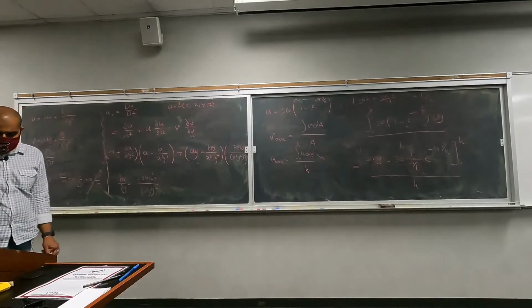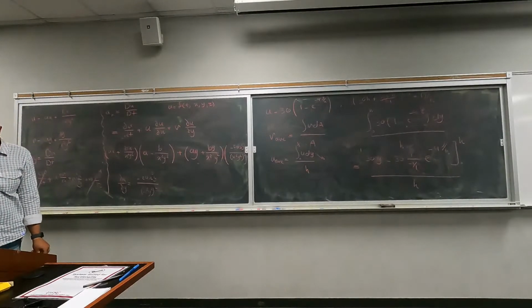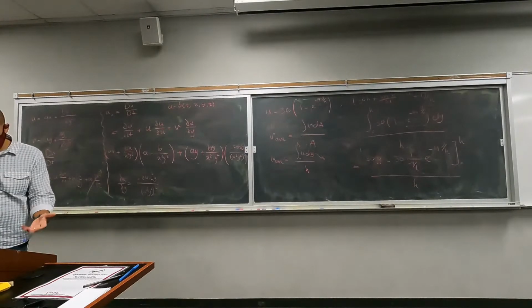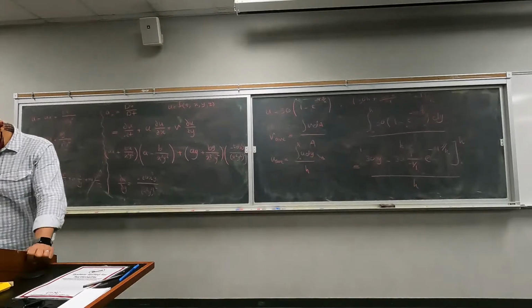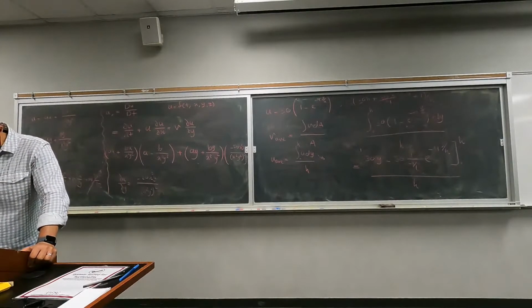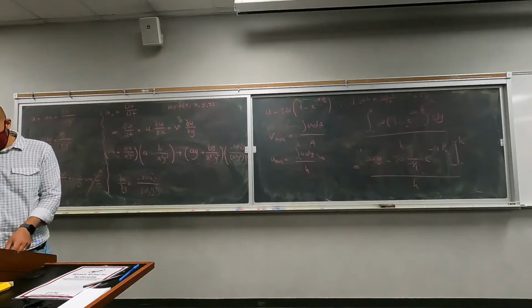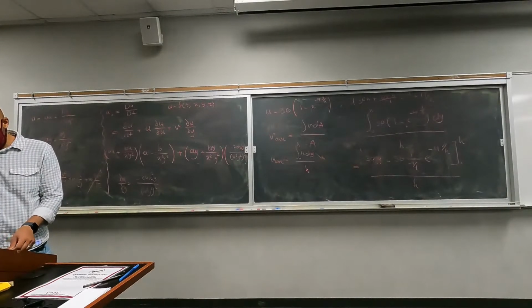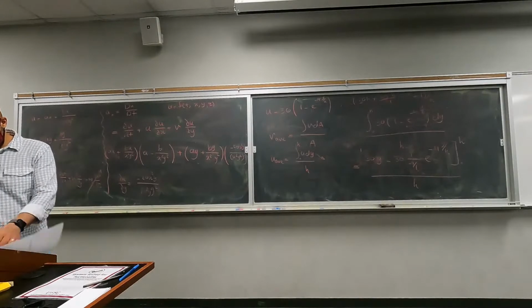Next problem tells us water at 0.1 cubic meters per second and alcohol with a specific gravity of 0.8 at 0.3 cubic meters per second are mixed in a void duct as shown in the figure below. What is the average density of the mixture of alcohol and water?